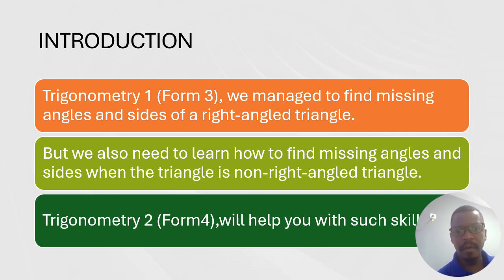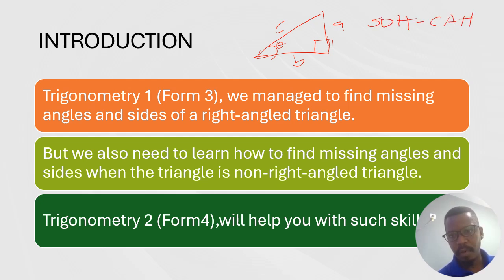When we talk about a right angled triangle, we mean a triangle that has 90 degrees. So we are able to find the sides, and we are able to find the angles using trigonometric ratios, and we applied SOHCAHTOA to help us do that. All these were only possible in a right angled triangle.